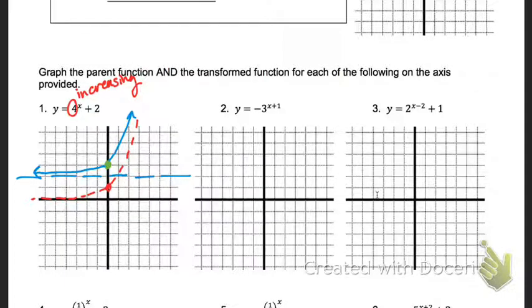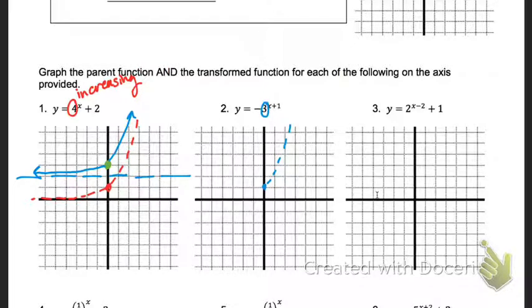So what if it's negative? That's interesting. So the number itself is greater than 1, so it is still increasing, technically, the parent function is. But what does that negative make it do? Is it flipped upside down? It flips upside down. Perfect. So let's just draw the parent function, okay?